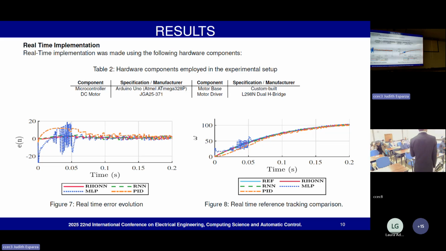Figure number 7 on the left shows the real-time error evolution, while figure number 8 shows the real-time reference tracking comparisons. As you can see, the performance of not only the recurrent high-order neural network controller, but of all of the controllers was way worse in real time, because in every dynamical system, when implemented in real time, some unknown dynamics may appear.